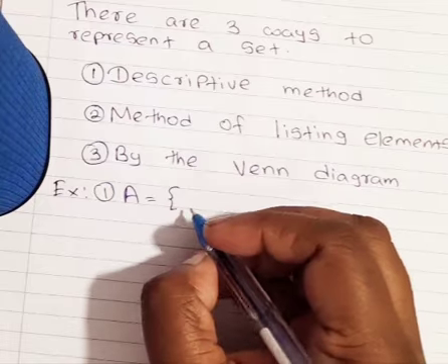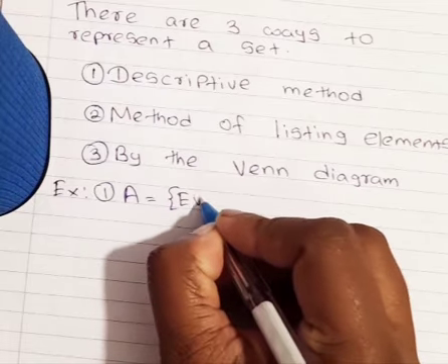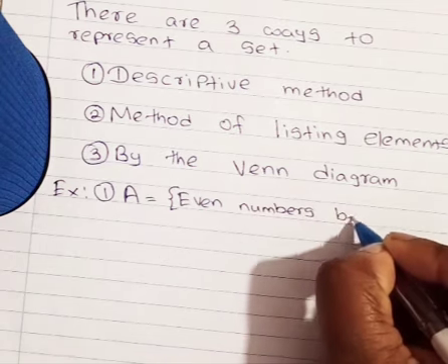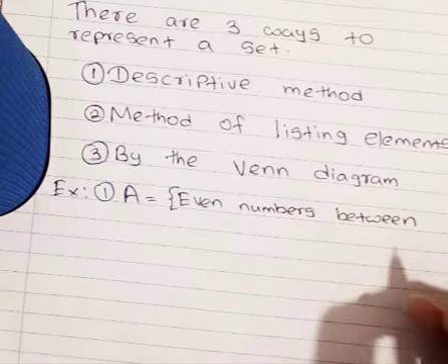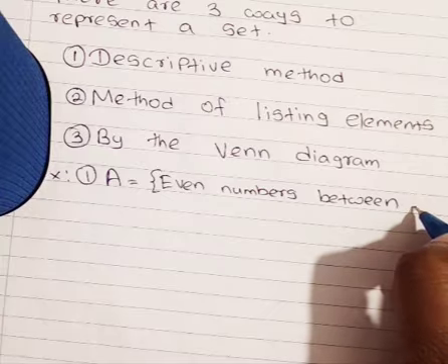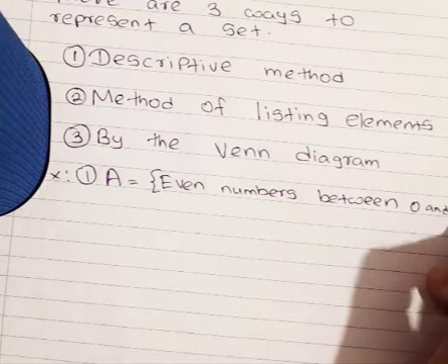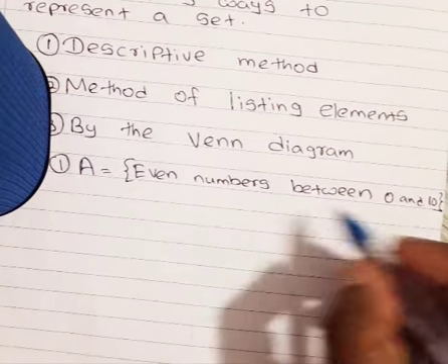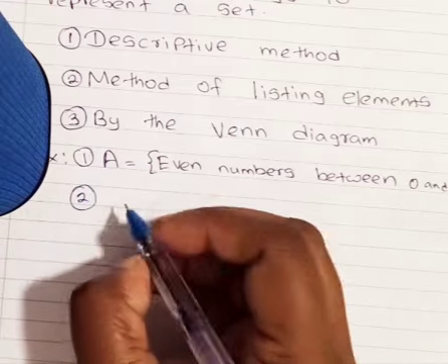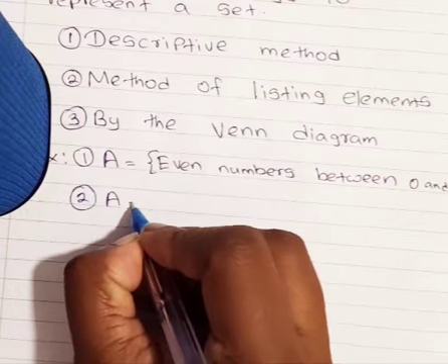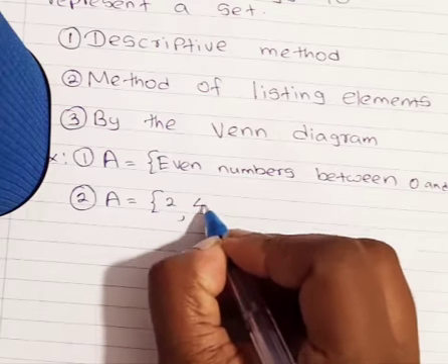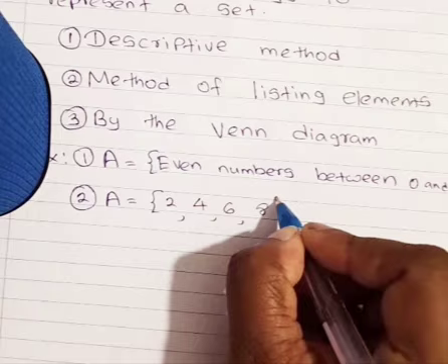So if I'm taking even numbers between 0 and 10, you can write down the same set in the second way, that is listing out the elements. The even numbers are 2, 4, 6, 8.